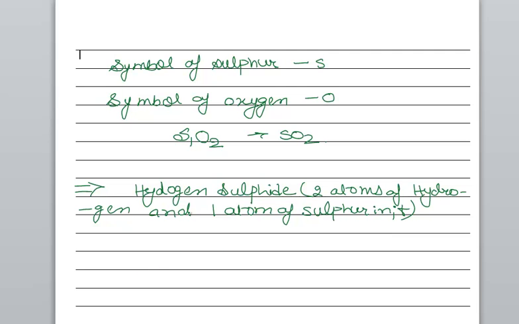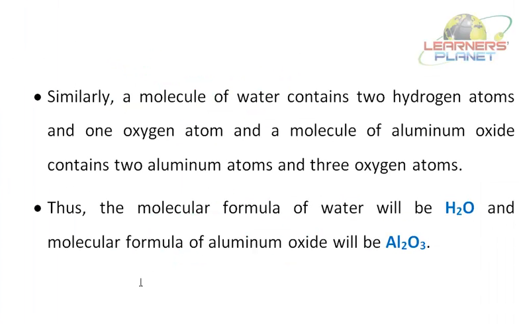So, what is the symbol of hydrogen? H. What is the symbol of sulfur? S. How many atoms of hydrogen are there? 2. How many atoms of sulfur are there? 1. So, what will be the formula? H2S. It's so simple, isn't it? It's just that you should know the symbols.